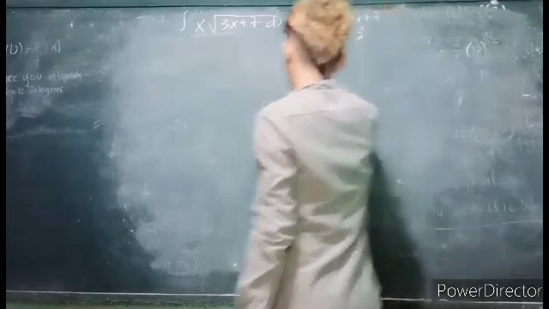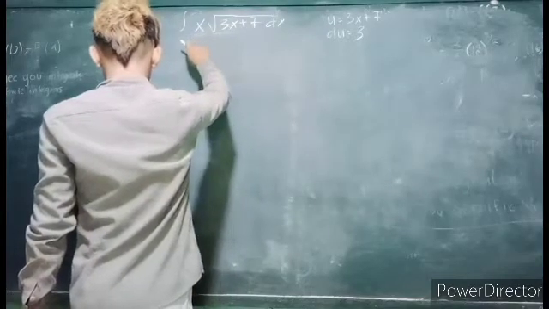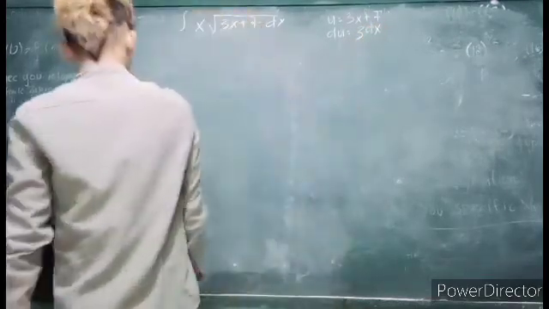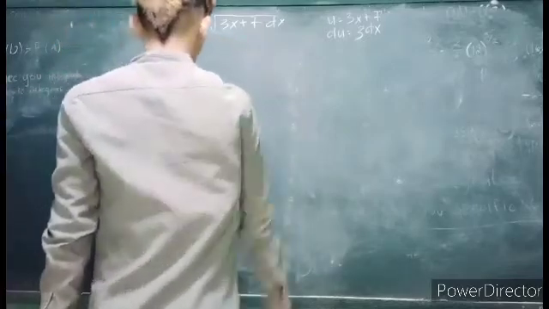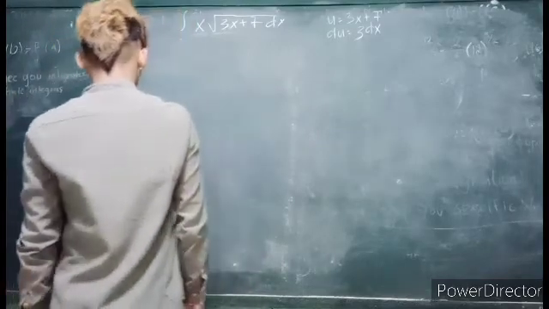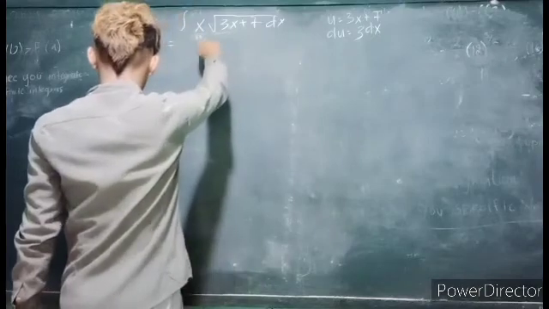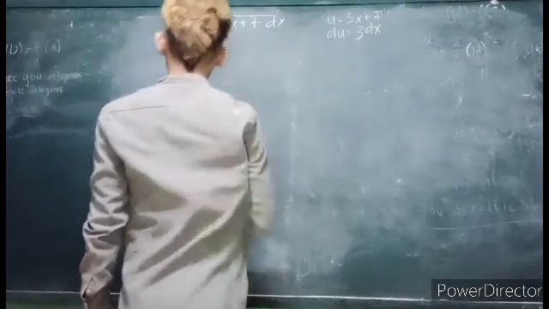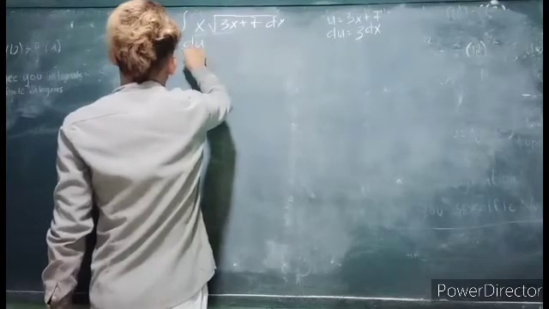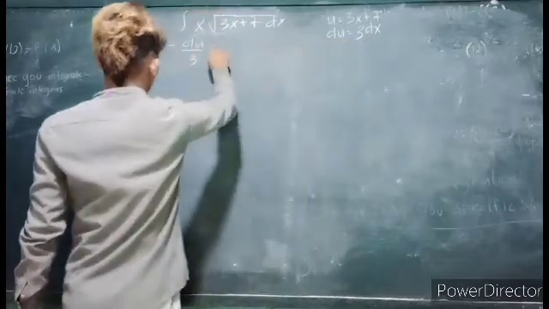So isolating the du, we have 3 dx. So next, isolating dx, we get du over 3 equals dx. So dx equals du over 3.